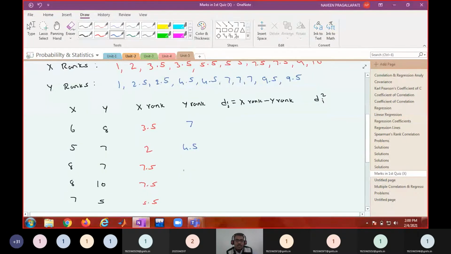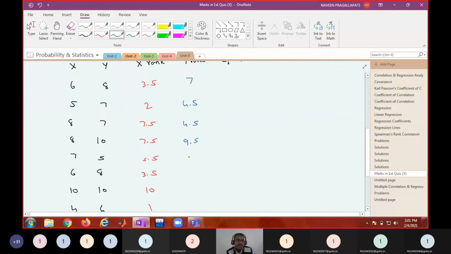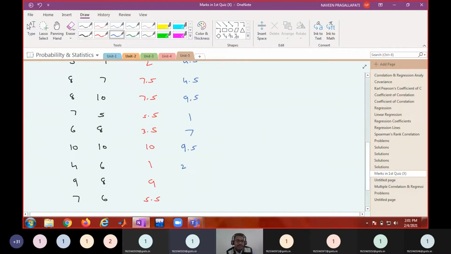Rank of 10 is 9.5. Rank of 5 is 1. Rank of 8 is 7. Rank of 10 is 9.5. 6 is 2.5. 8 is 7.